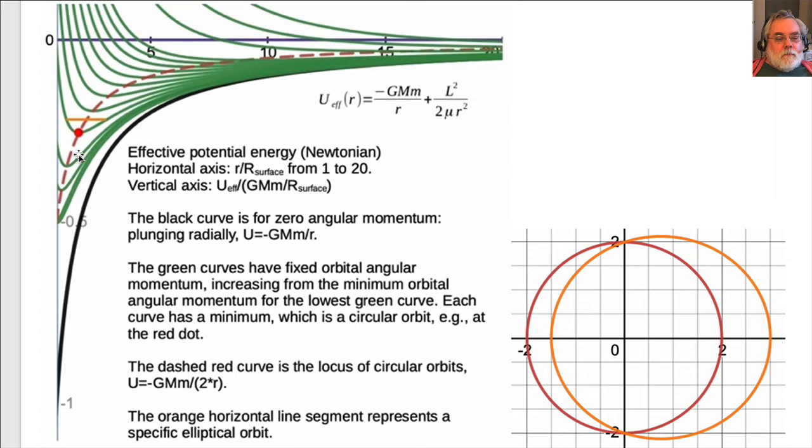The red dot is the circular orbit for that particular angular momentum curve. The red dot on the left corresponds to the red circular orbit in the diagram on the right.